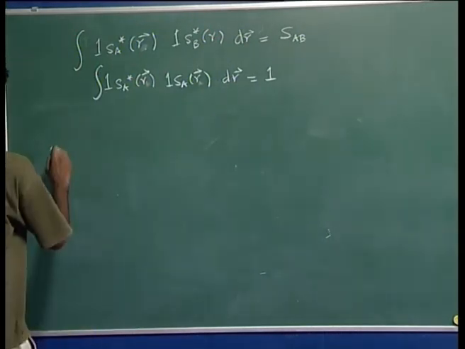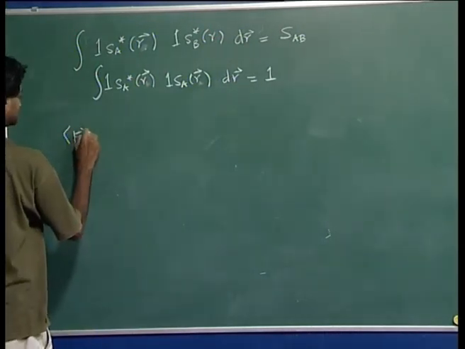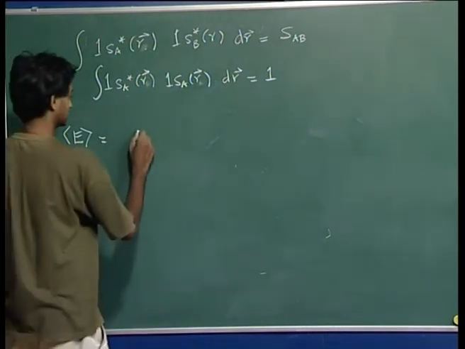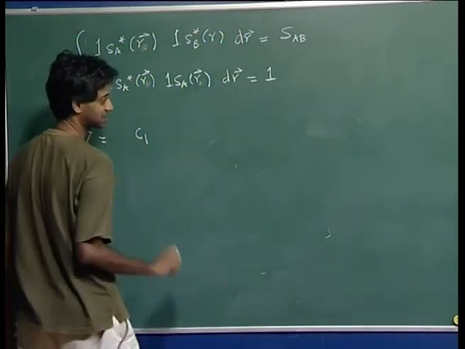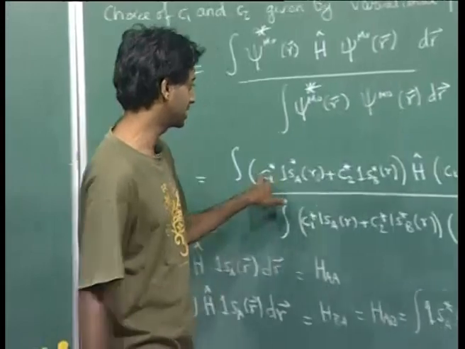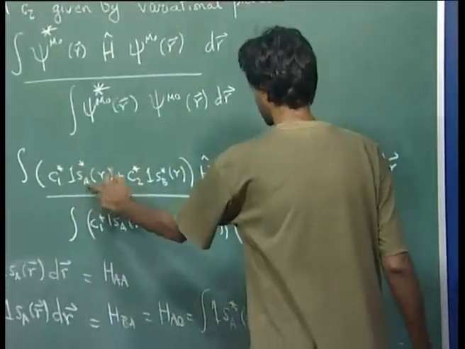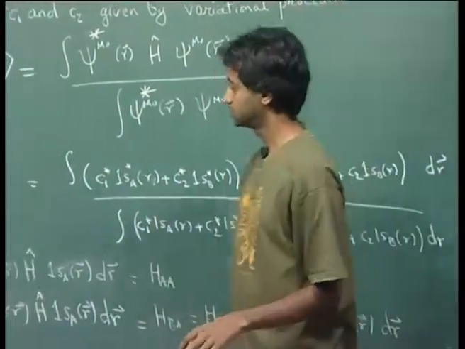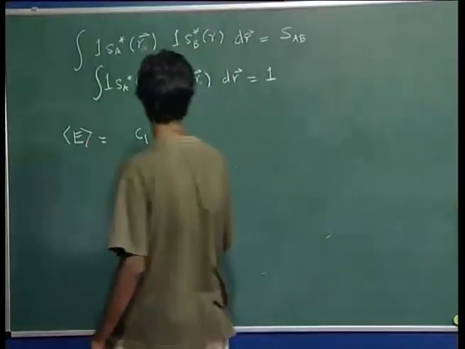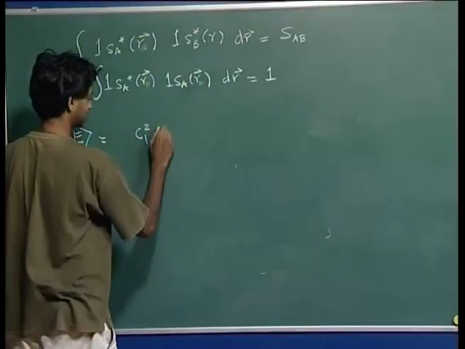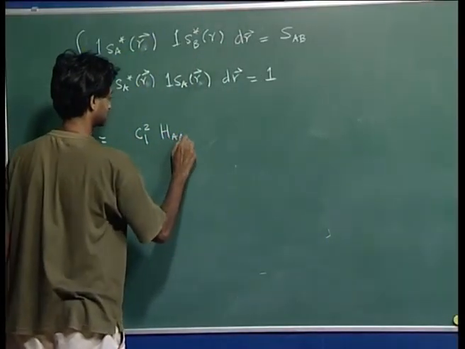Now you can write your expectation value of E. The first term will be C1 star C1, 1SA H 1SA, so that is C1 square HAA.